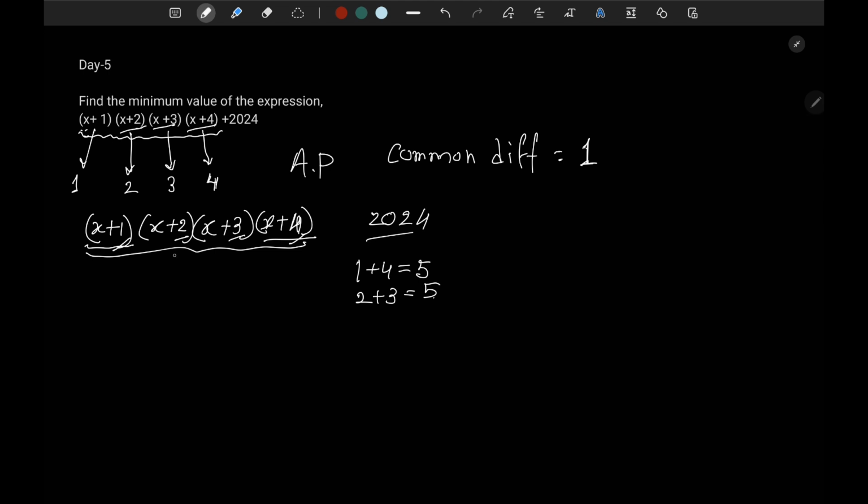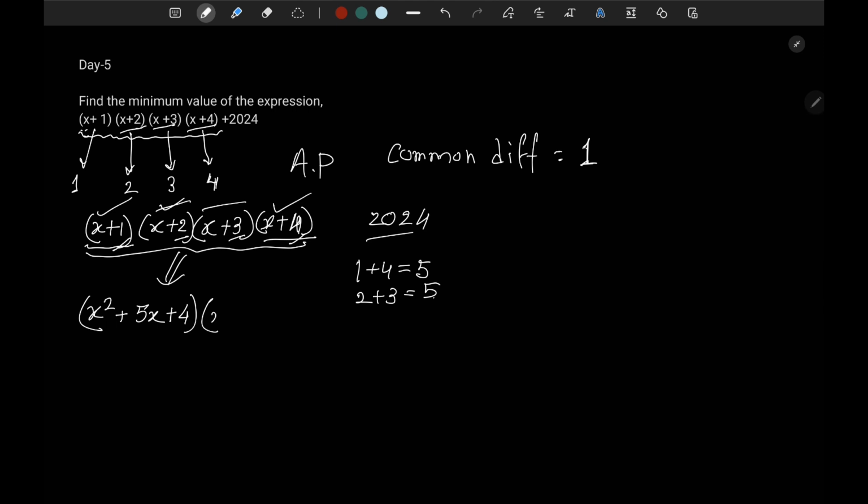Let's see what kind of pattern we are getting. Let's first multiply this one with this one. You will get x square plus 4x plus x is 5x, and 4 multiplied by 1 is 4. Now let's take these two parentheses.